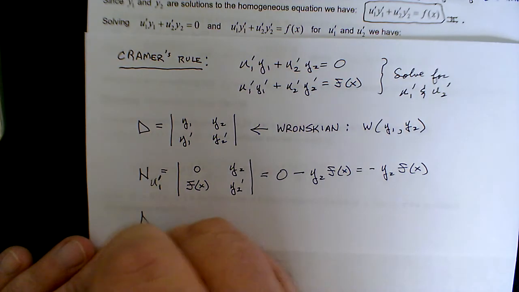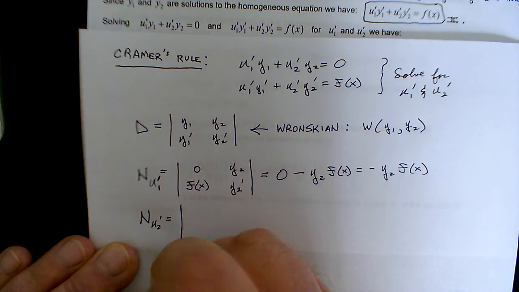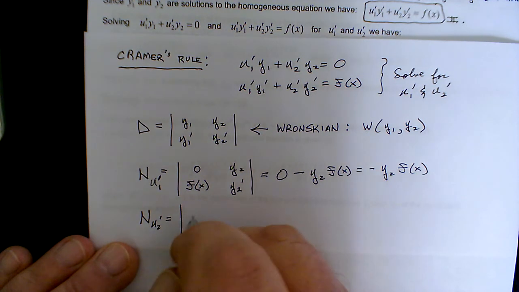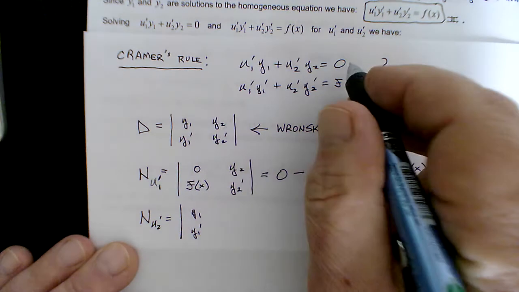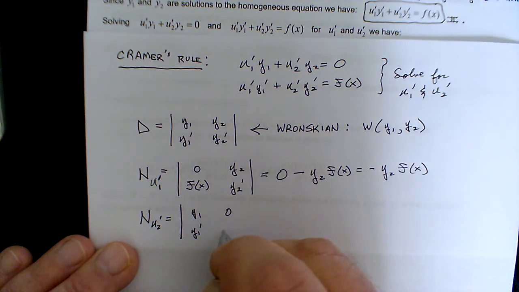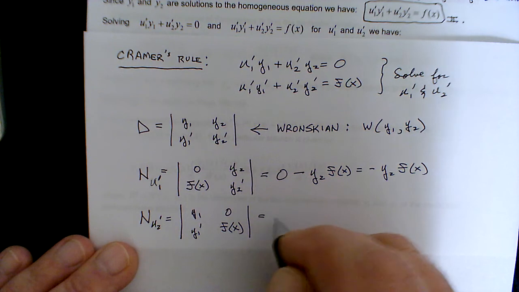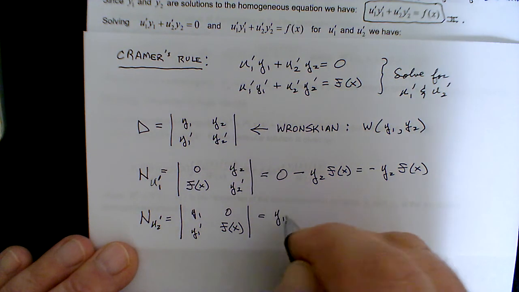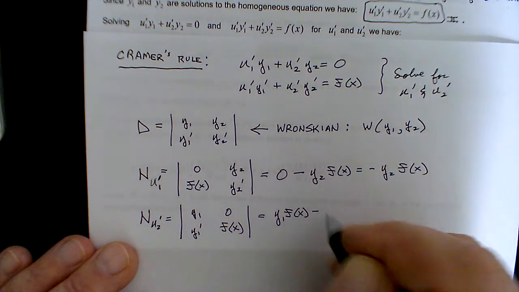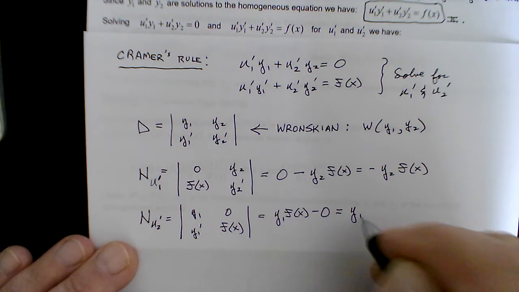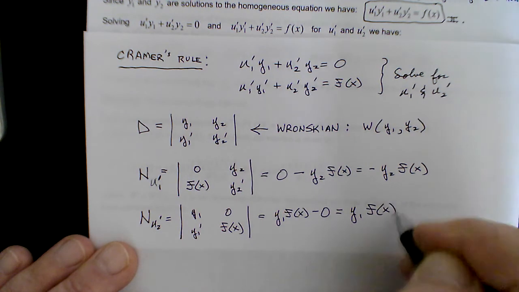And then similarly, the numerator of u2 prime would be, okay, now we leave the first column alone, y1, y1 prime, and the second column replaced by the 0 and the f of x, which gives y1 f of x minus 0, or just y1 f of x.